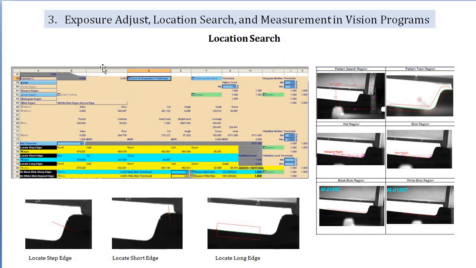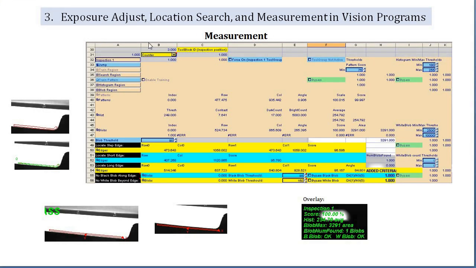So, in the last session, we went through the progressive location search method, which is composed of pattern search and some edge search.